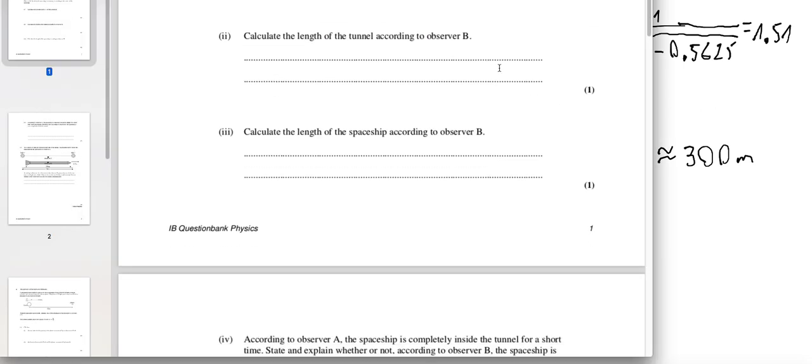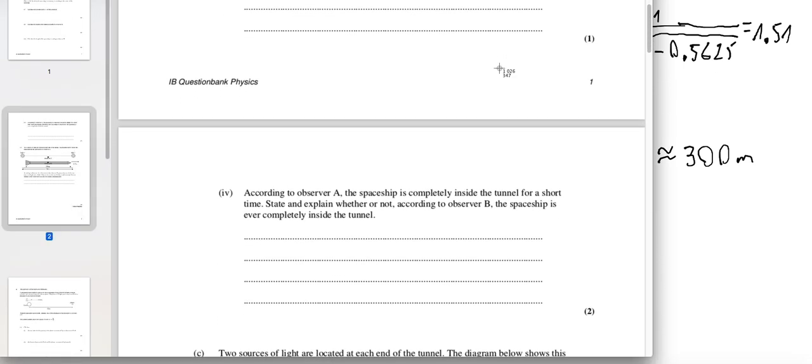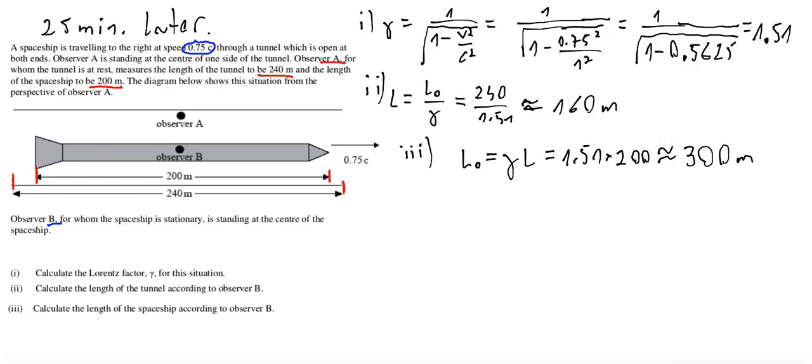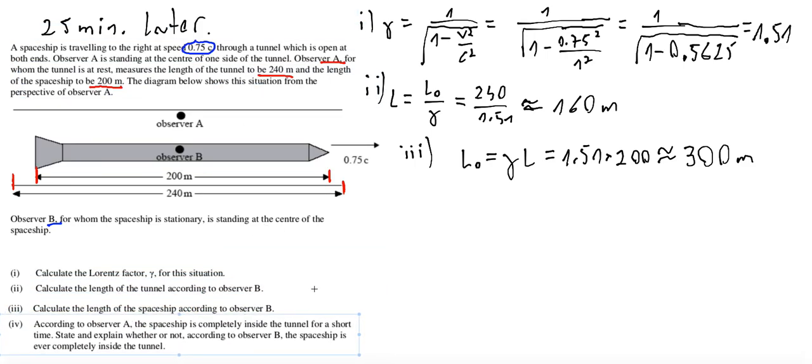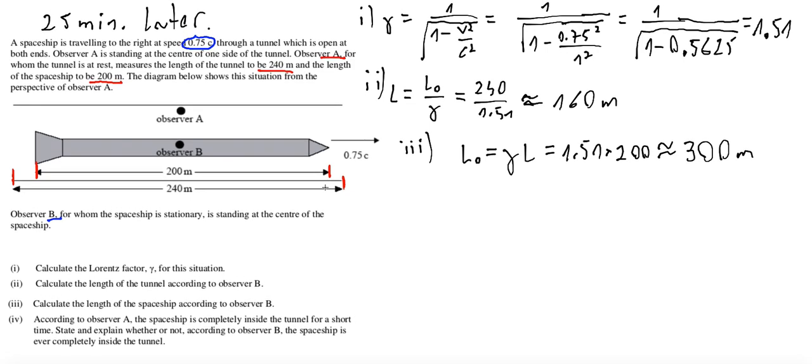And next, according to observer A, the spaceship is completely inside the tunnel for a short time. State and explain whether or not, according to observer B, the spaceship is ever completely inside the tunnel. Of course, let's look.